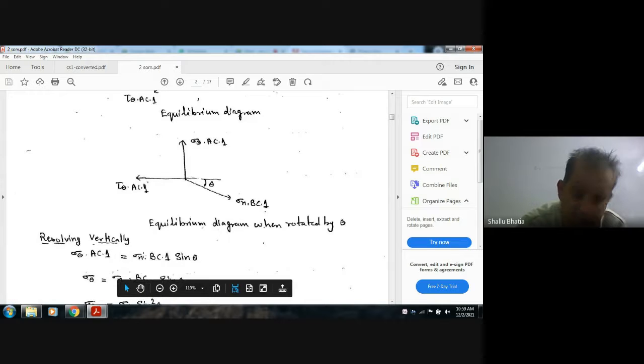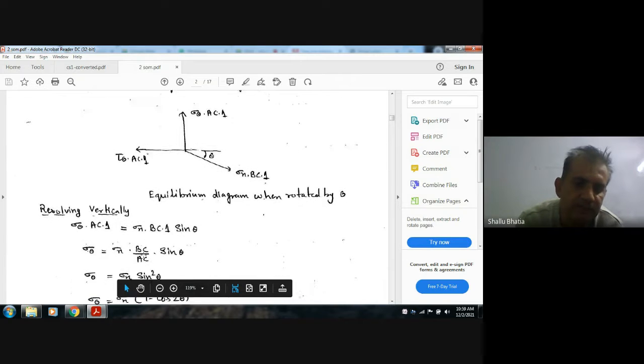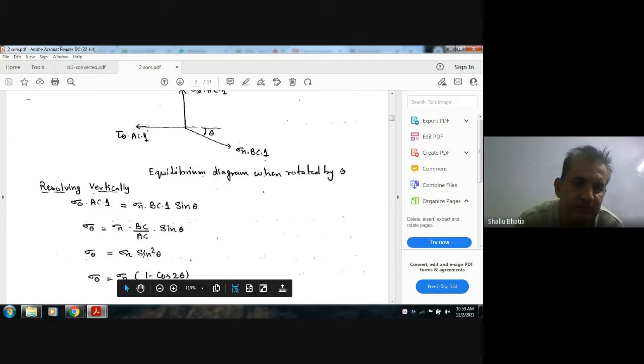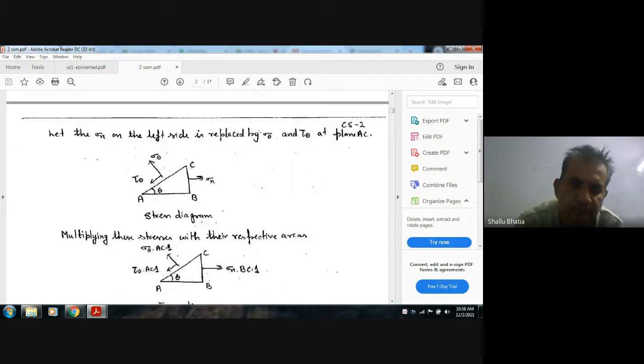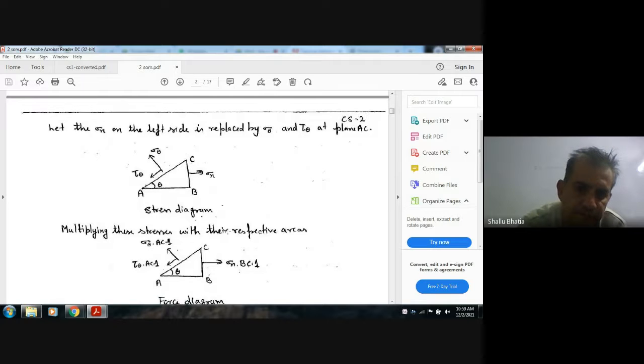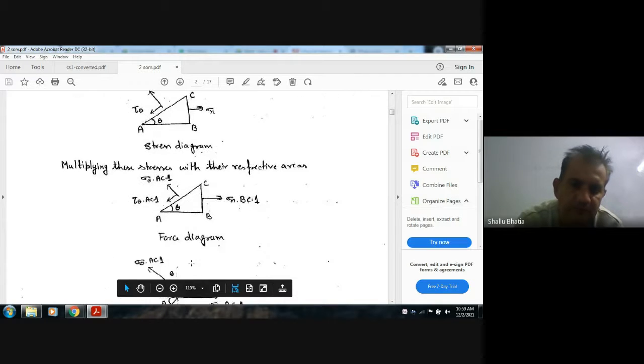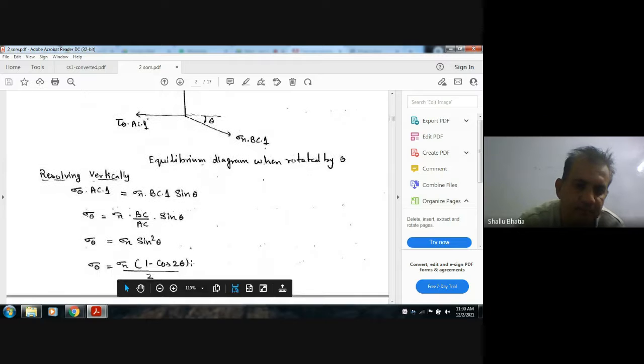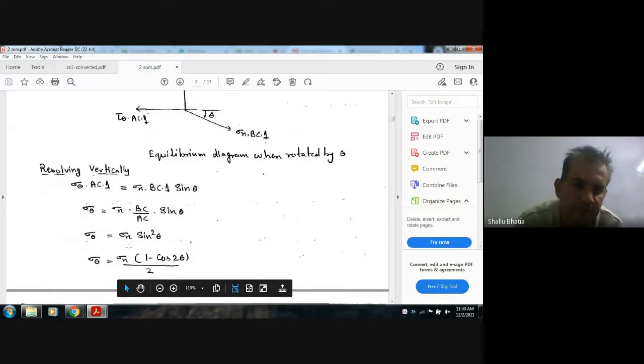So we can balance this: sigma theta AC into 1 equals sigma x BC into 1 into sine theta, and this AC comes here, so BC by AC. From this diagram, BC is perpendicular and AC is hypotenuse, so BC by AC is sine theta. So sigma theta is sigma x sine square theta.